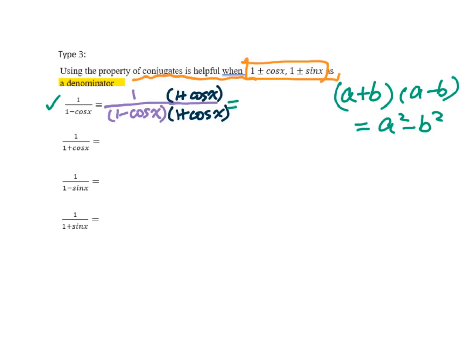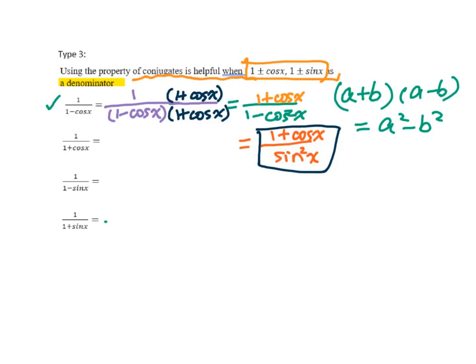So we got a squared minus b squared, that's 1 minus cosine square x. Top, that's 1 plus cosine x. 1 minus cosine square x, that's sine square x. Top will be 1 plus cosine x. We call this process conjugate multiply.